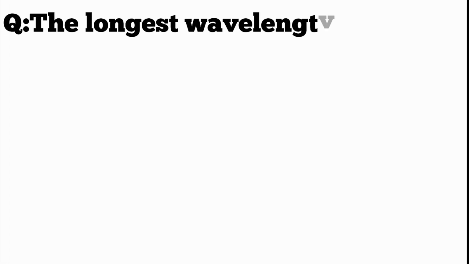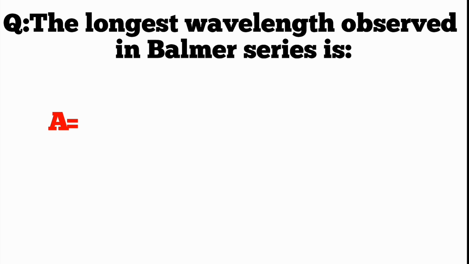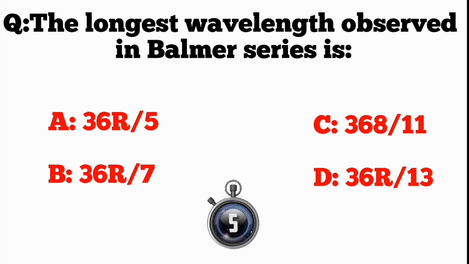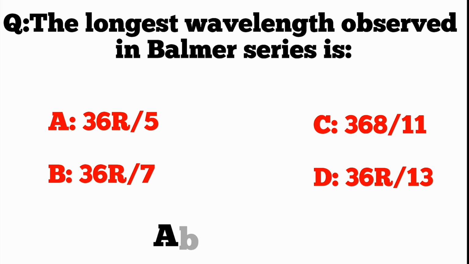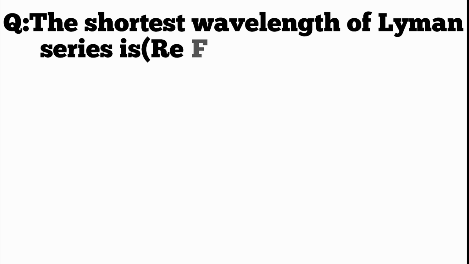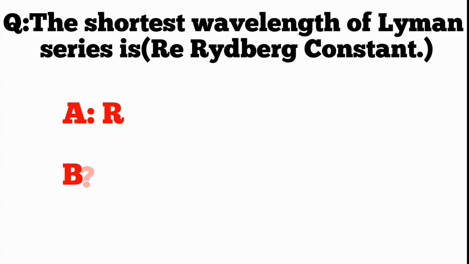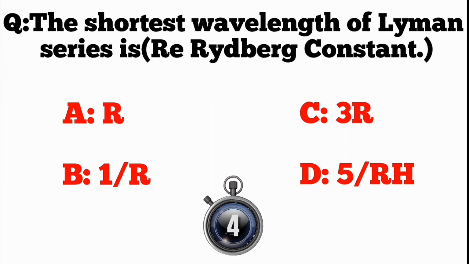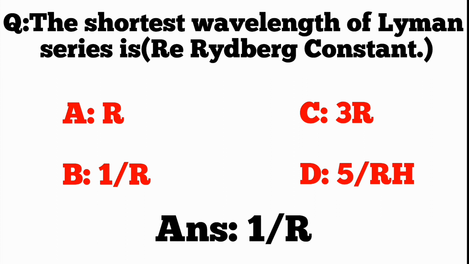Q. The longest wavelength observed in Balmer series is: A. 36/5R. B. 36/7R. C. 36/11R. D. 36/13R. Answer: 36/5R. Q. The shortest wavelength of Lyman series is, where R is the Rydberg constant: A. 1/R, and other options. Answer: 1/R.